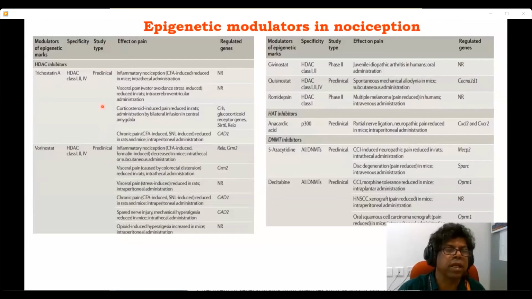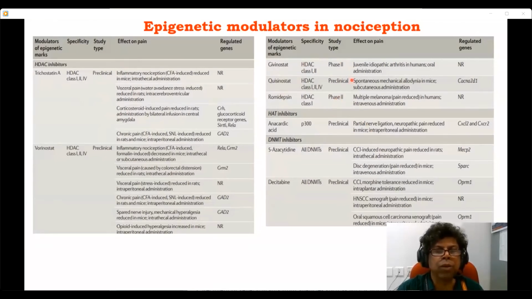They showed at the preclinical level how they are involved in the nociception mechanism, and that there is pain relief by these drugs in the preclinical studies. And there are a couple of drugs like givinostat and romidepsin. They are in phase 2 trials.